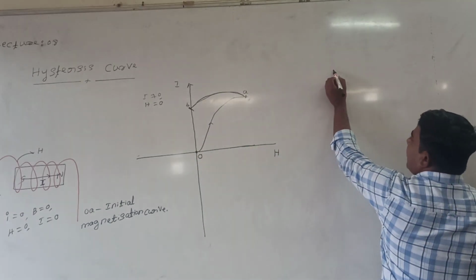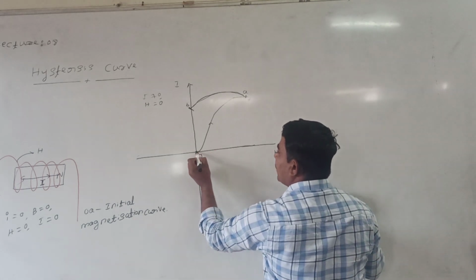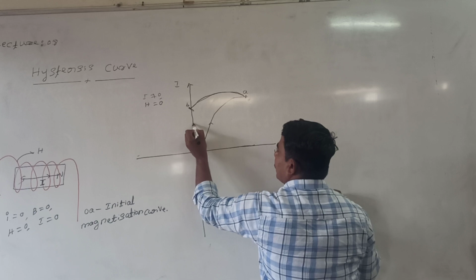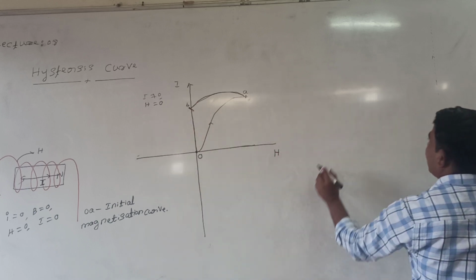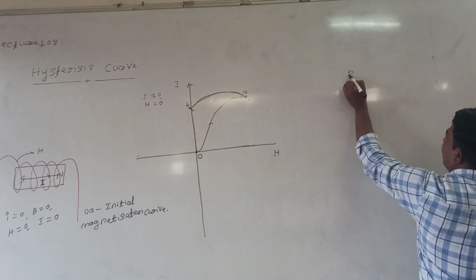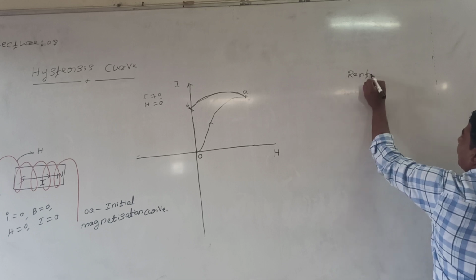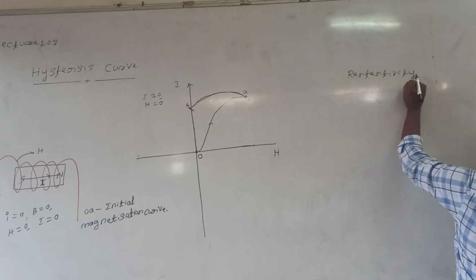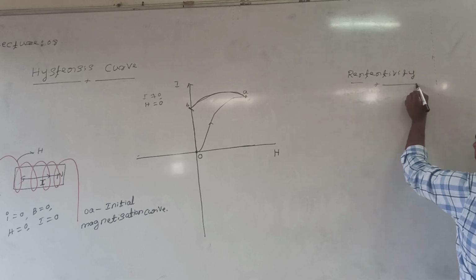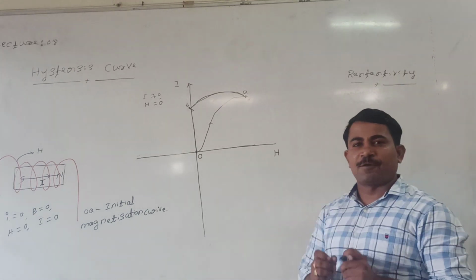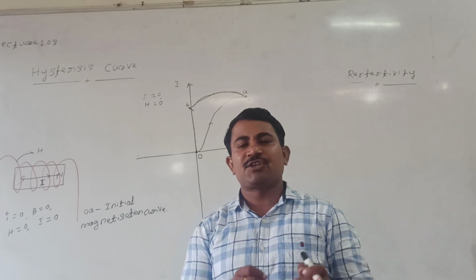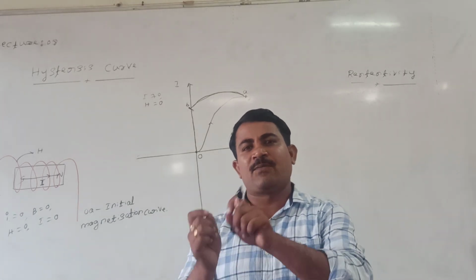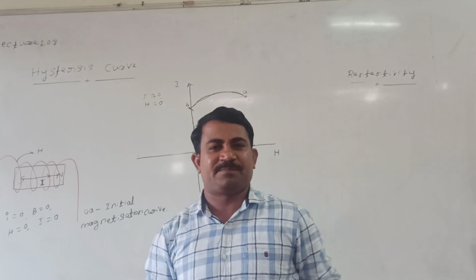At the point B, in this region OB, we call it retentivity. Retentivity means the property of a ferromagnetic material whereby it shows magnetic induction or magnetization even in the absence of magnetic intensity.